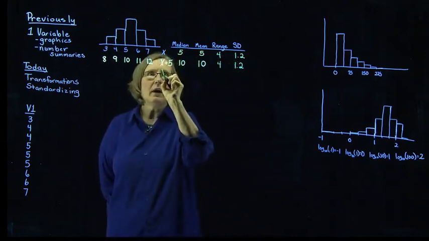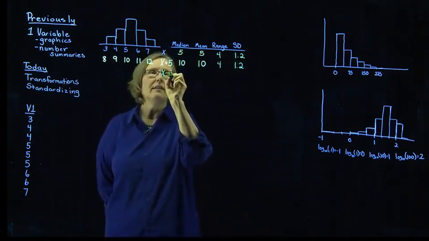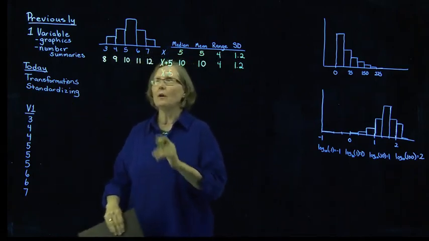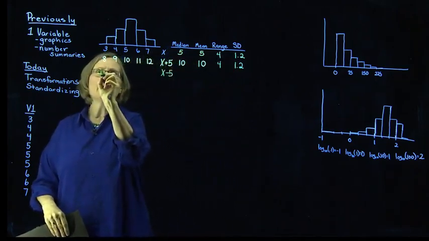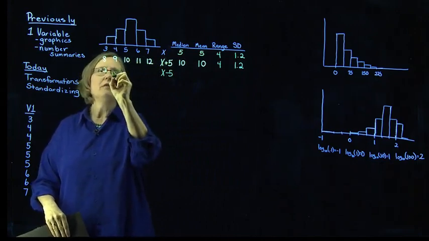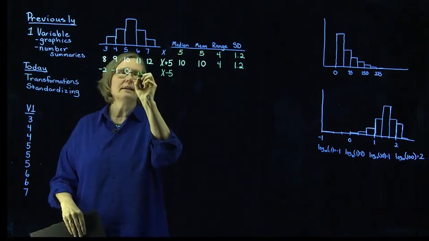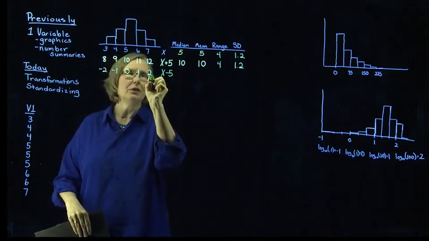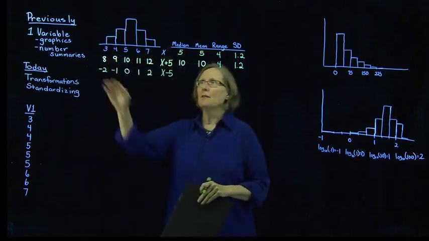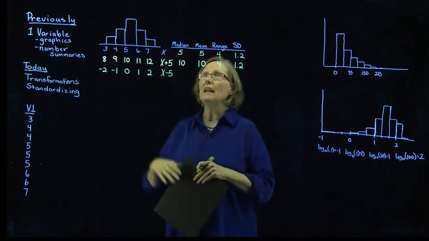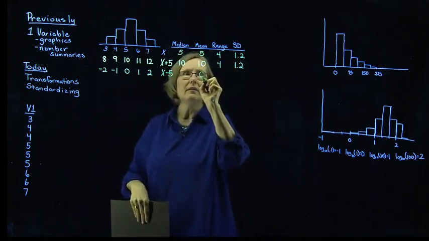What if I subtracted 5 points from each observation in our variable? Now the 3 becomes a -2, 4 becomes a -1, 5 is a 0, 6 is a 1, and 7 is a 2. Now we've simply shifted our original variable to the left so that the mean is 0.